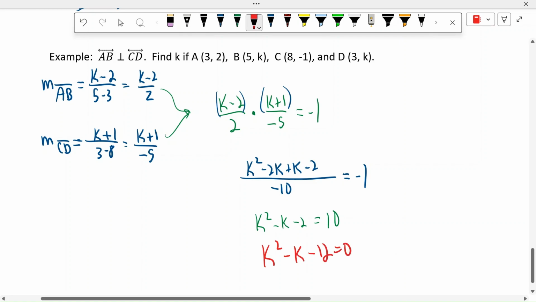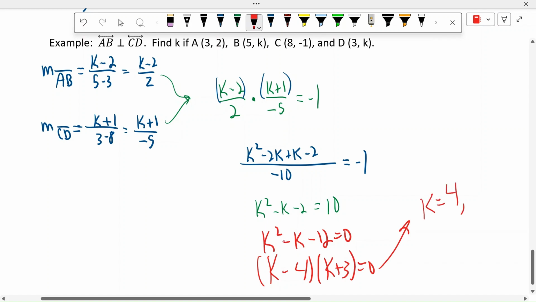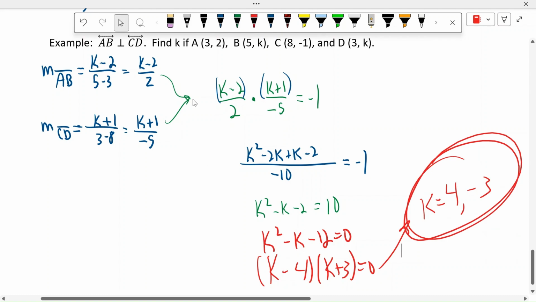And then factor. This time there is no GCF. There's nothing that goes into all three of them, but you've got to think number pairs. What are the two numbers that multiply to negative 12 and add to negative 1? It would be k minus 4, k plus 3. So then our answers are k equals positive 4 and negative 3. If k is equal to either one of those numbers, that would make AB perpendicular to CD.